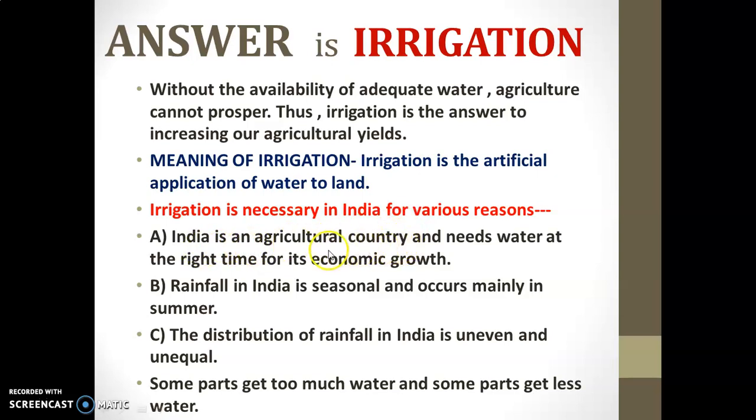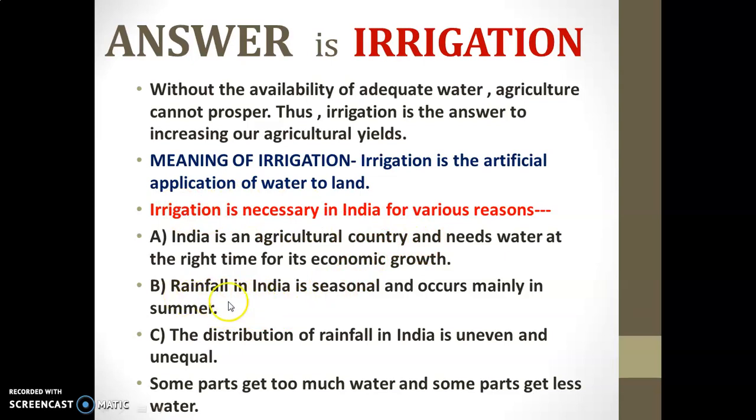Most of the economy comes from the agricultural sector. So we are growing different kinds of crops, and for better productivity, we need a large amount of water. That's why irrigation is necessary.